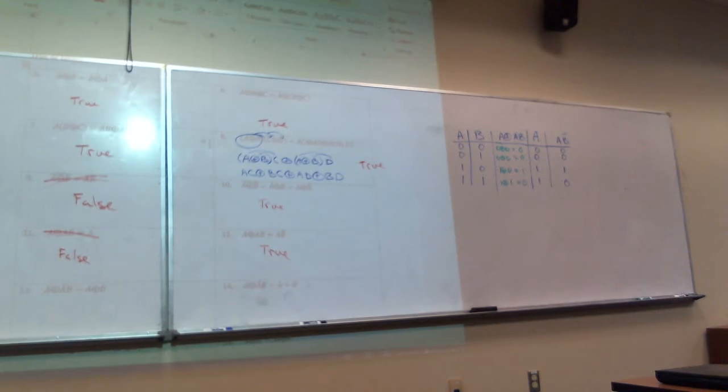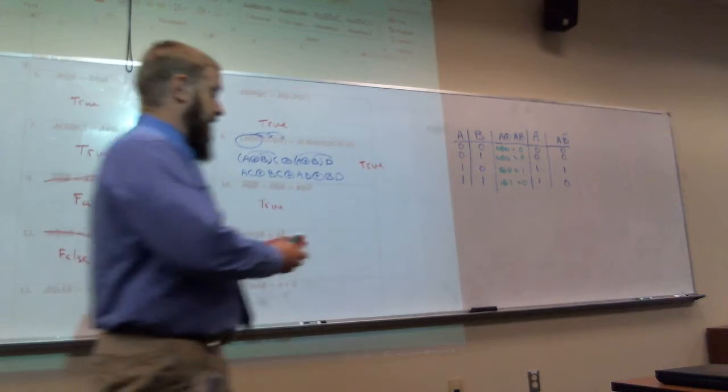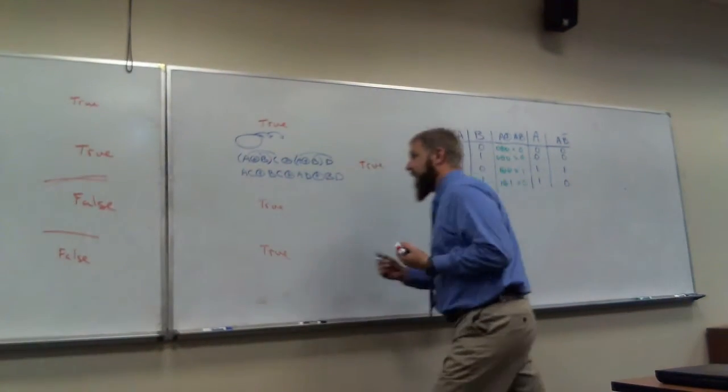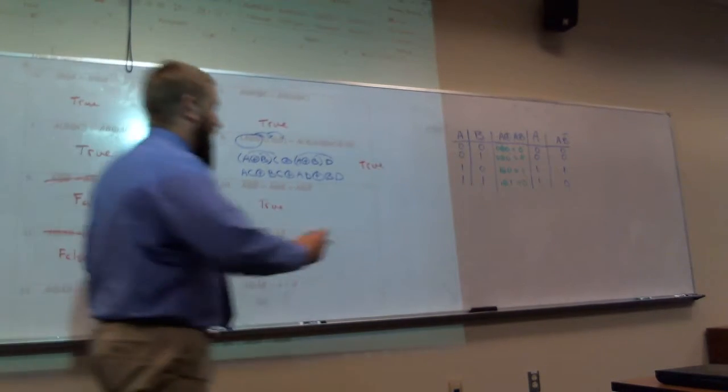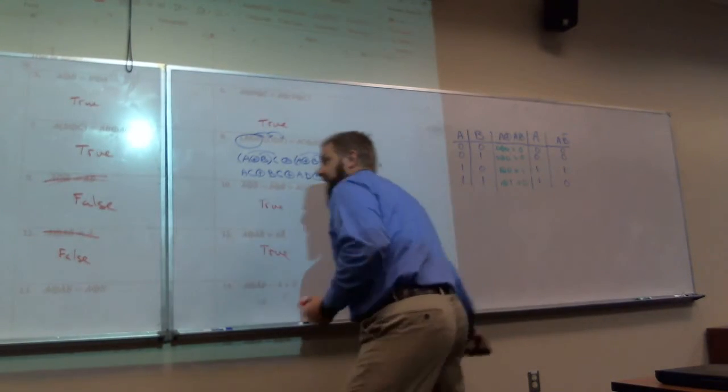How about common identities? Does common identities work the same way with exclusive OR as it did with regular OR? Again, the answer should be, I have no idea. Well, let's test.